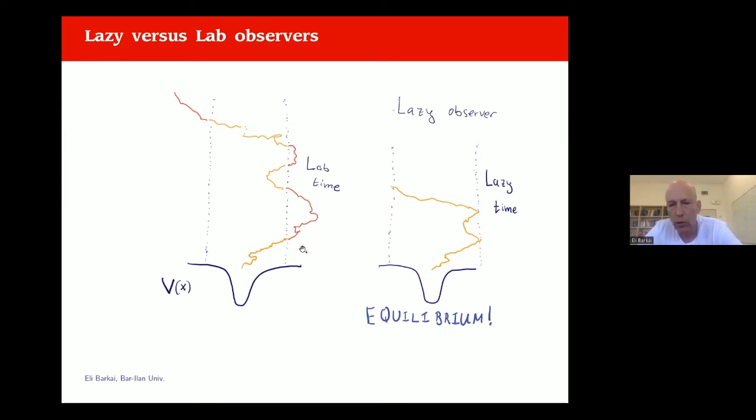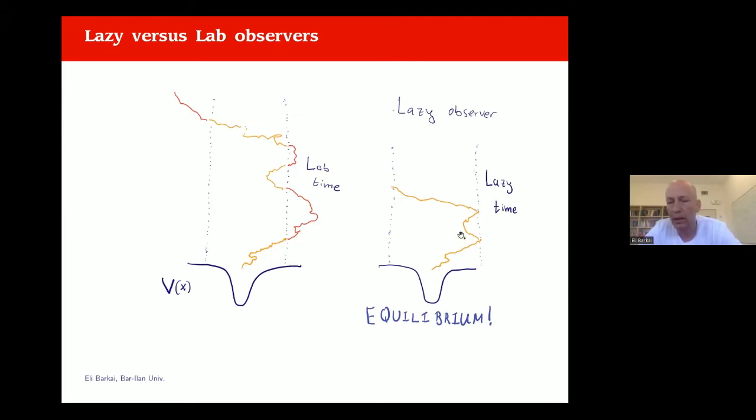So this trajectory was here, I copy it here, then it comes back after some time in this lazy laboratory time frame, it goes back here, etc. Now, if you look at this trajectory, it immediately tells you the following thing. This is like a particle with reflecting boundary conditions on this domain of observation of the particle.